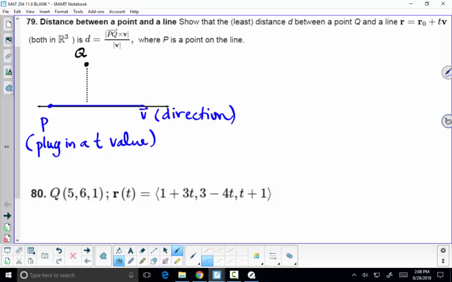Then we can also form this vector, which we've done. This vector right here, PQ, which I think the text was calling W or something. You can just call it vector PQ also. We want that distance.